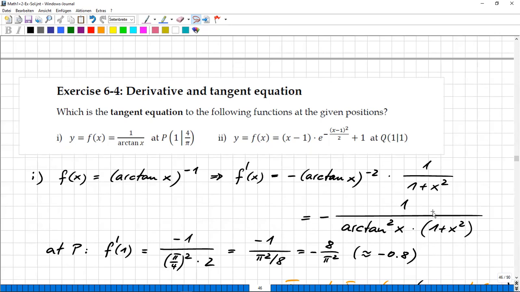Now, point P, which should be checked perhaps to be valid, this point P may easily be inserted. So let's look. If x equals 1, inserting here, we get 1 over arctangent of 1. Now you should know some basic knowledge about tangent and arctangent.